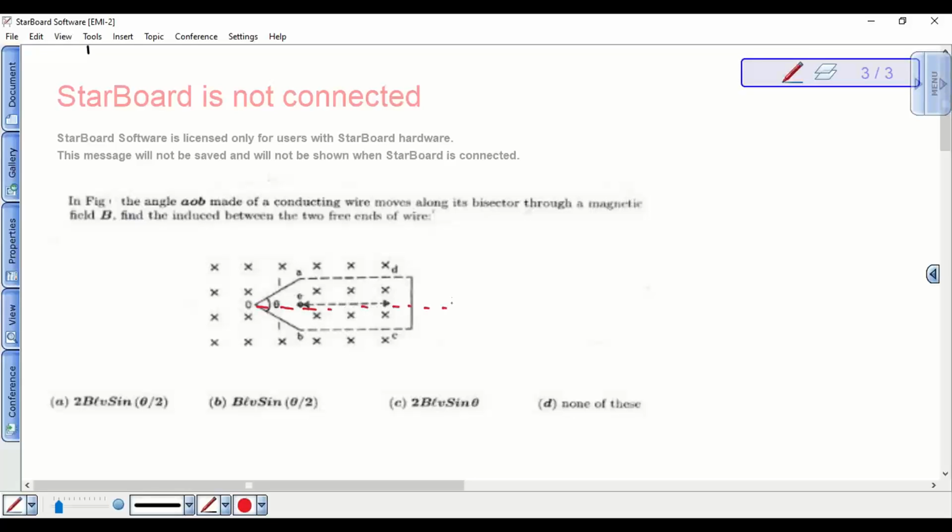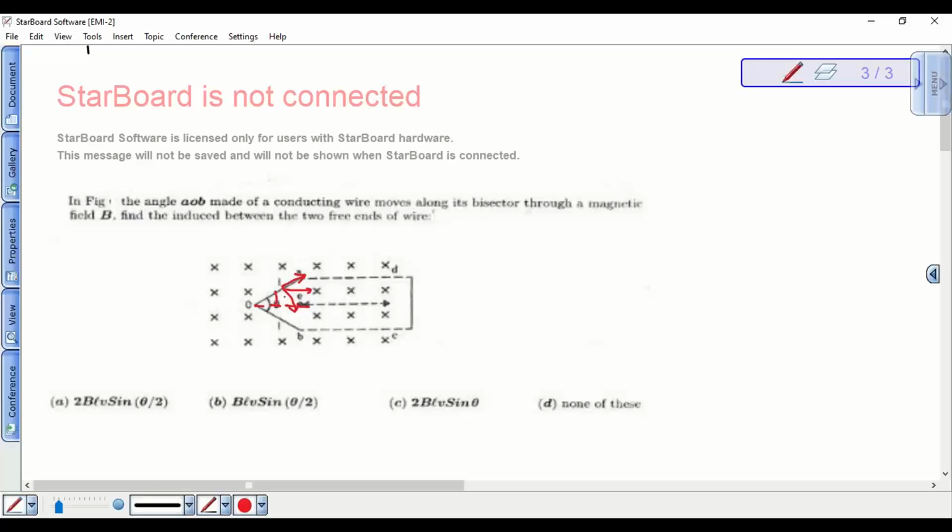So this velocity is along this direction, right? So this velocity has two components, and one of the components lies in this direction, perpendicular to AO, and the other component lies along AO only.